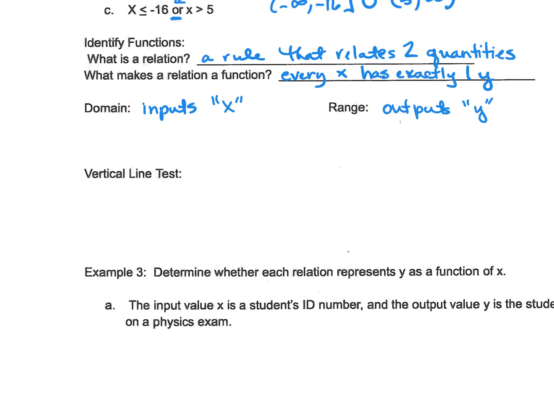Now, how does the vertical line test work? It tells whether or not it's a function, right? Okay, so if we drop a vertical line through the graph of an equation, it can't go through the same place twice.